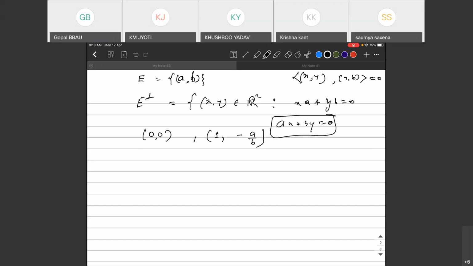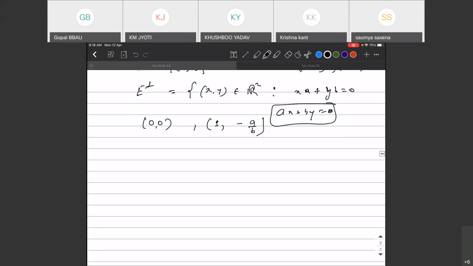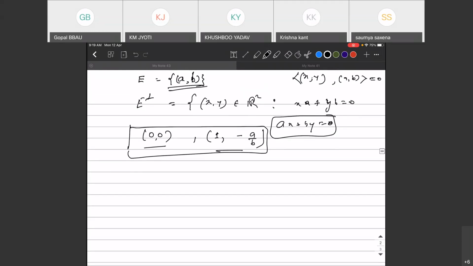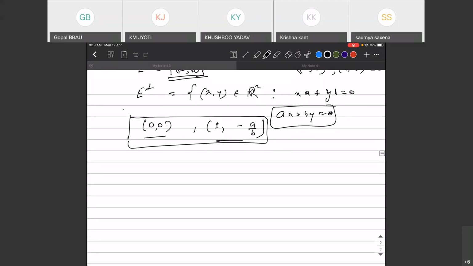It passes through these two points, so if you have a line in R2 passing through two points, you exactly know what that line will be. If you have an arbitrary vector, you know what the orthogonal complement of that vector is.